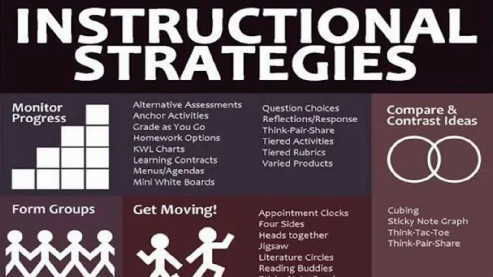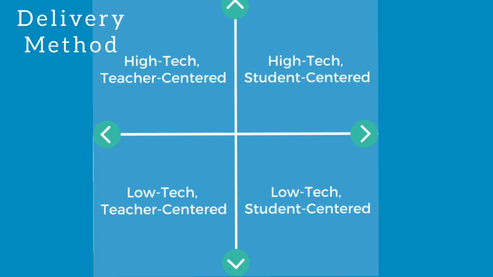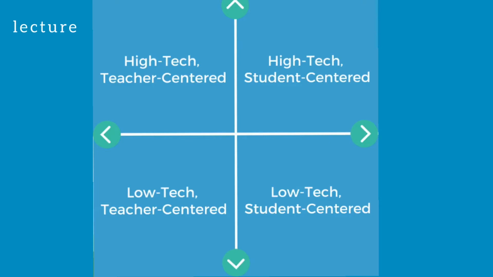results that you want. First, you should figure out which delivery method will be best for your instruction. For instance, what proportion of your instruction will be teacher-centered and what proportion of it will be student-centered. For teacher-centered, the strategies that could be used are lecture, demonstration, or showing a video.